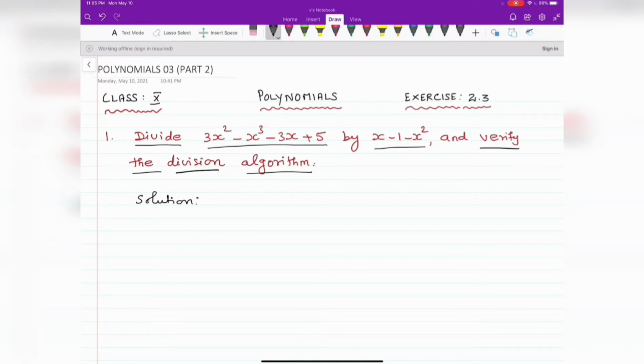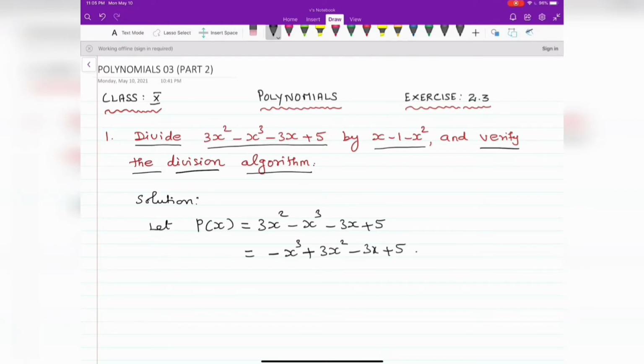First, let me name these polynomials. So let p of x be equal to 3x square minus x cube minus 3x plus 5. Actually, this is not in standard form. So I can write this in descending power of x for convenience sake. This is nothing but minus x cube plus 3x square minus 3x plus 5.